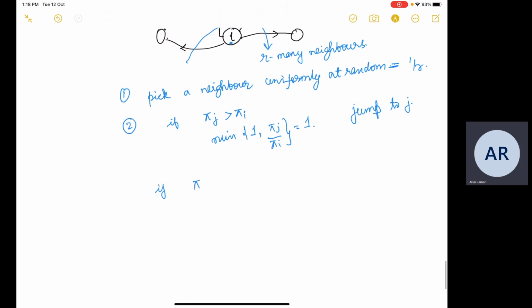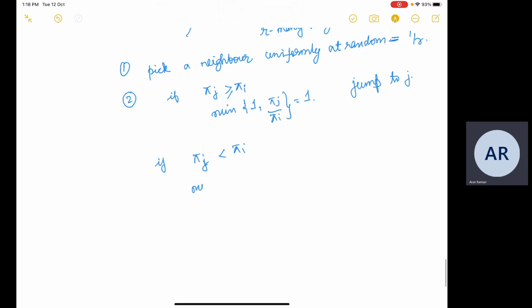If pi_j is less than pi_i, then min of 1 comma pi_j by pi_i is equal to pi_j by pi_i, so we jump with probability pi_j divided by pi_i.